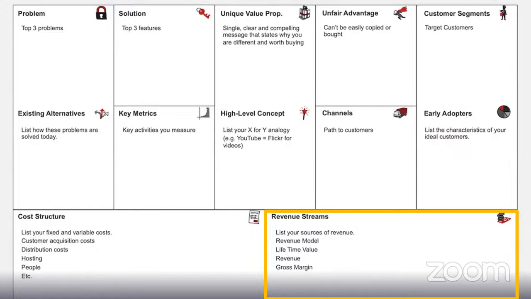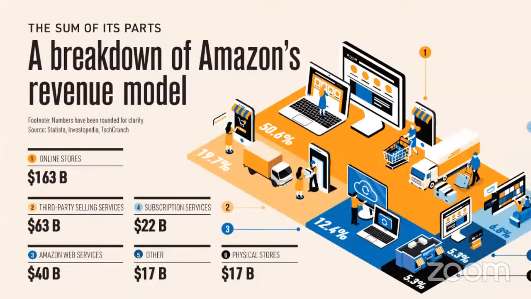This is an example of the business model of Amazon. This is the breakdown of the revenue model. This is how they get money. As you can see, they gain most of their revenue from the online stores.